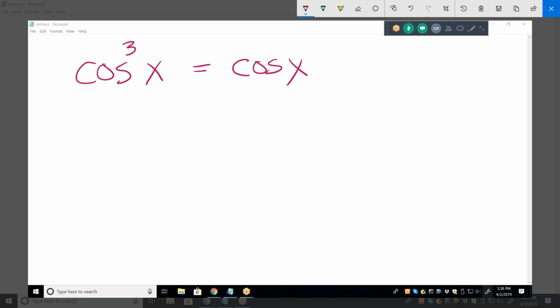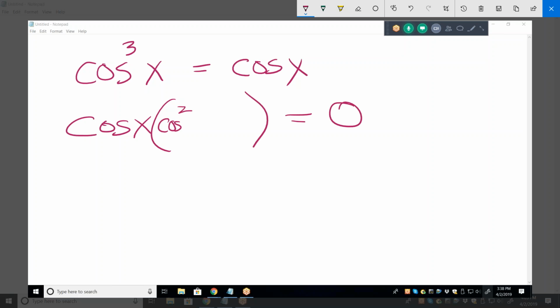So subtract the cosine of x from both sides. Okay, and then what are we going to do? Factor that. Okay, so I'll do both of those steps at once. What am I left with? Alright. So we have the cosine of x times the cosine squared x minus 1 is equal to 0.